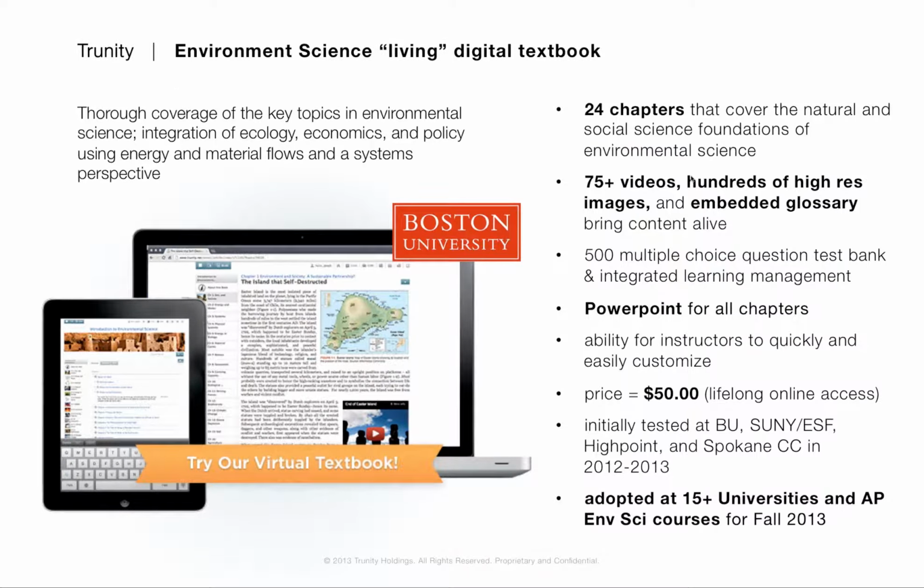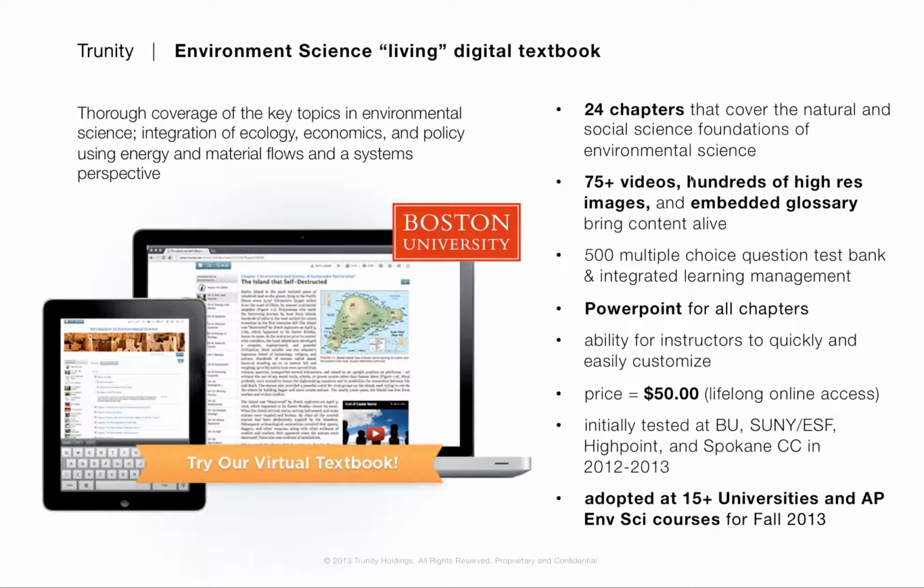So the book itself is structured in a meta sense like a traditional textbook. We have 24 chapters that cover the important natural and social science foundations of environmental science. But from there, we really depart and have become a very different type of textbook.